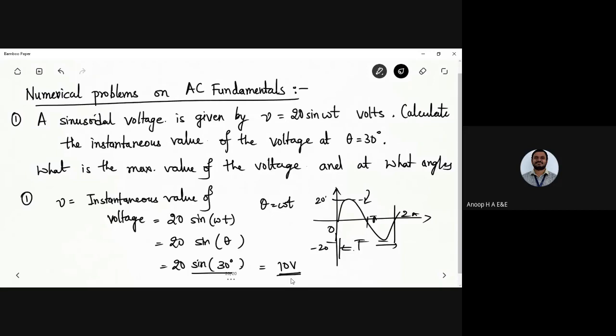So V is equal to 10 volts at theta equals 30 degree. This is the first problem, where you find the instantaneous value of the voltage at theta equals 30 degree.